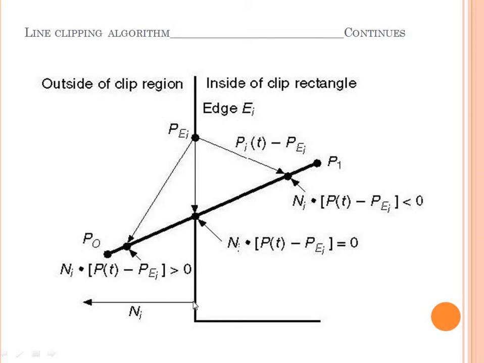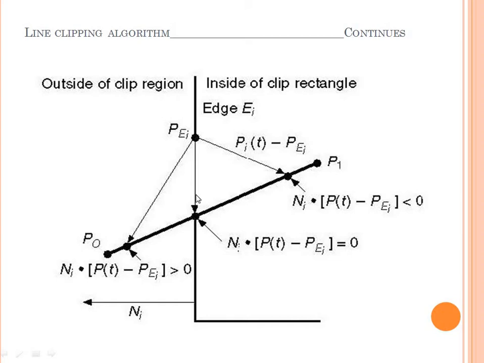This is the expansion of the dot product of n and the distance vector. Here is the value of n, and this distance vector is multiplied by cos theta. B is the intersection point with the rectangular window.